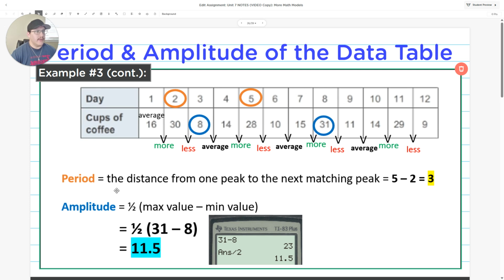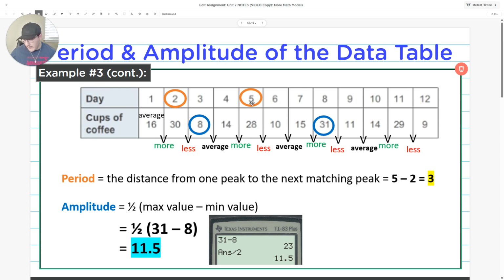So to find the period, it's the distance from one peak to the next. So the part where it starts to repeat, notice how over here at the more part, this one right here is 30, and then the next more part is between 14 and 28. So the right side of that more, the right side of this repeating pattern, 30 and 28 is what I'm going to use.